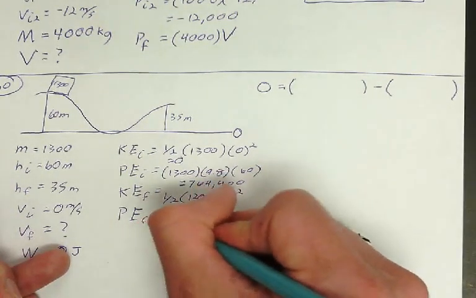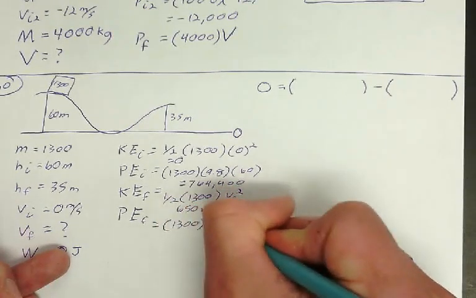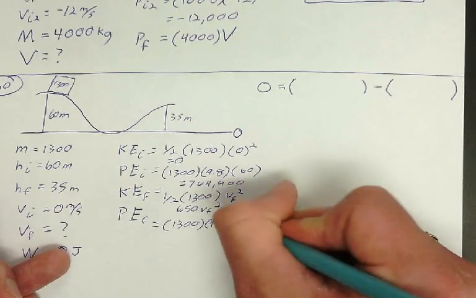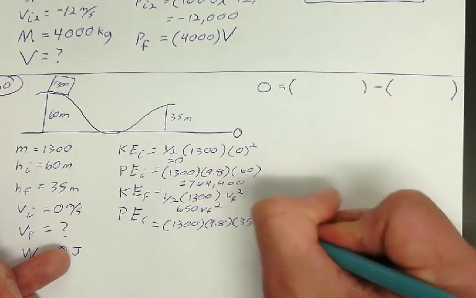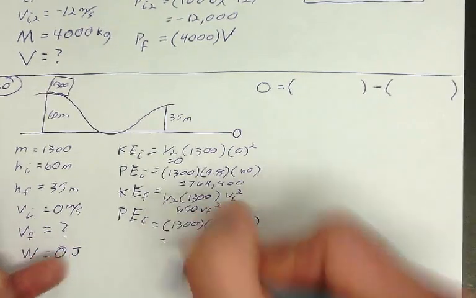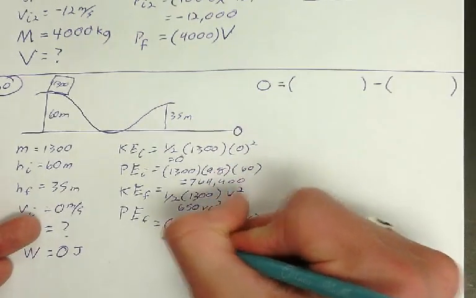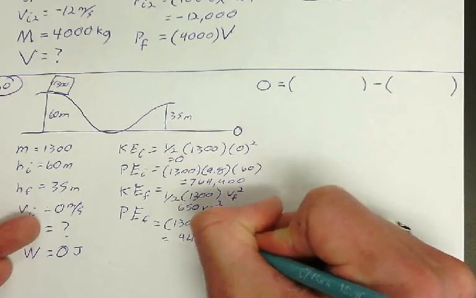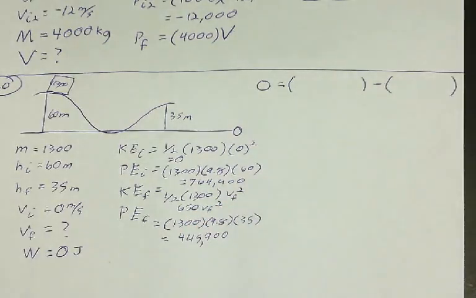And P final is mgh, which gives you 445,900. So now we just got to plug the things in.